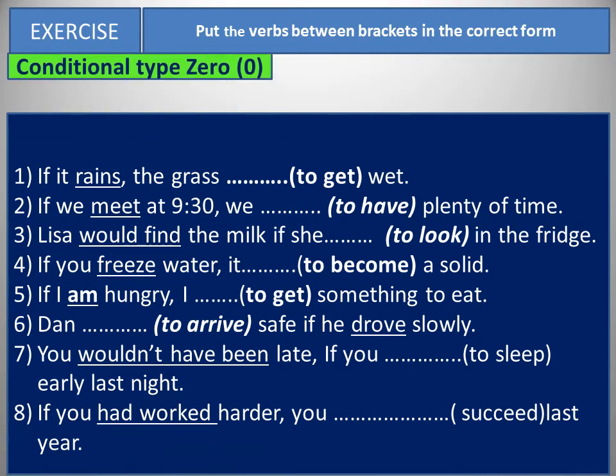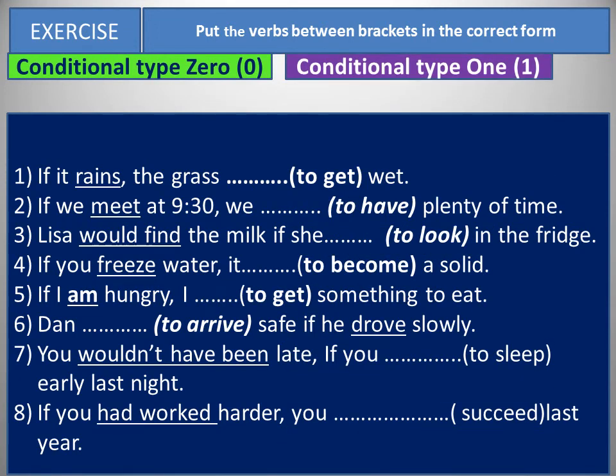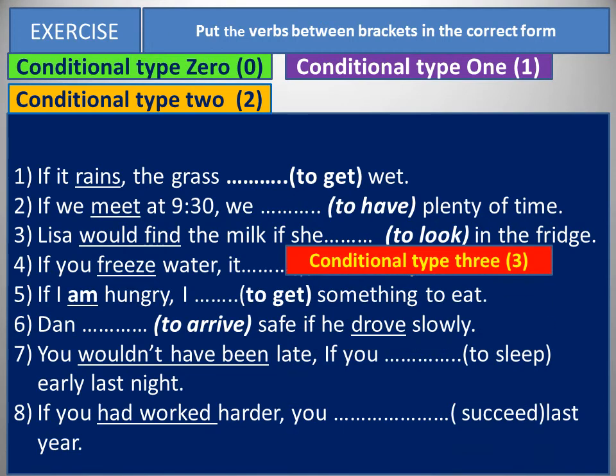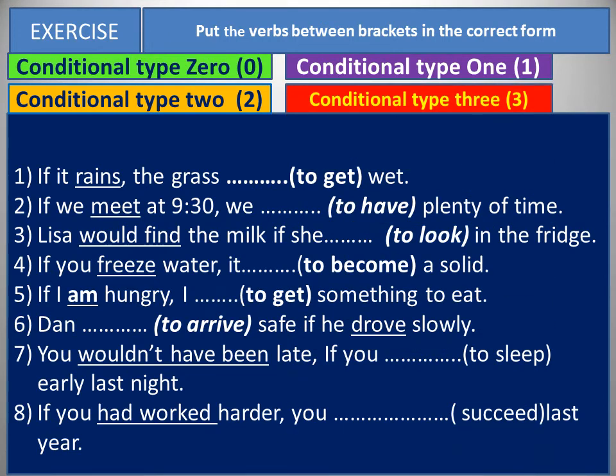Conditional type 0, or conditional type 1, or conditional type 2, or conditional type 3. So remember that you can click pause and try this exercise and then check your answers. Okay, so take some time to read the sentences and try to do it.